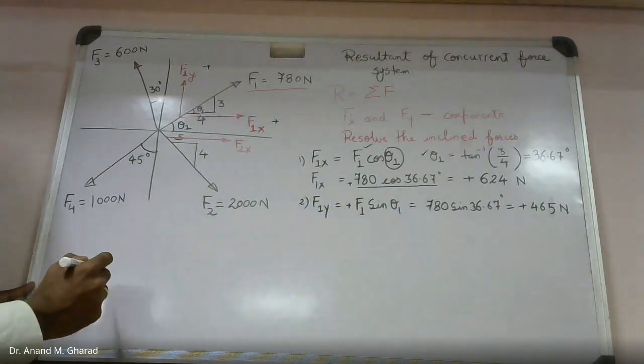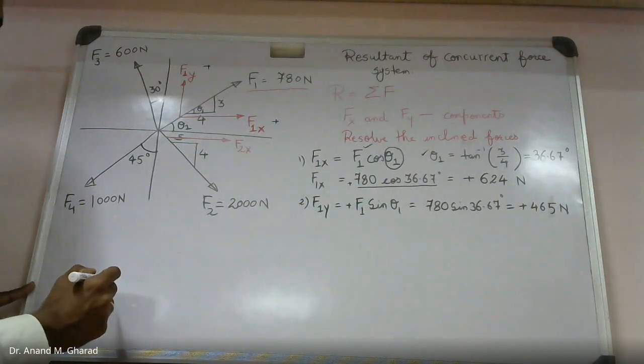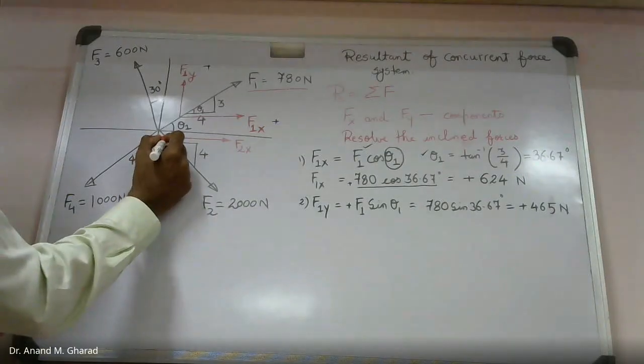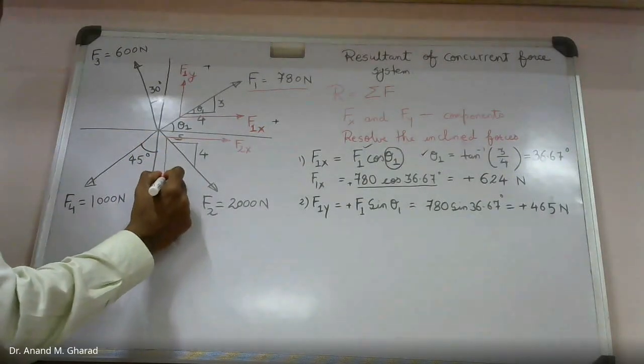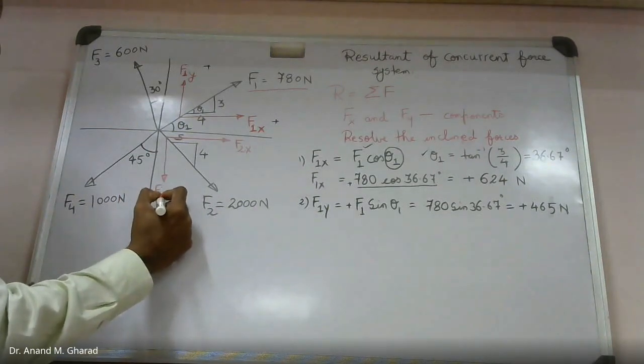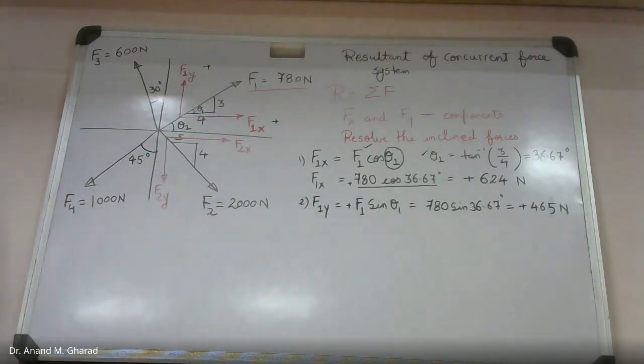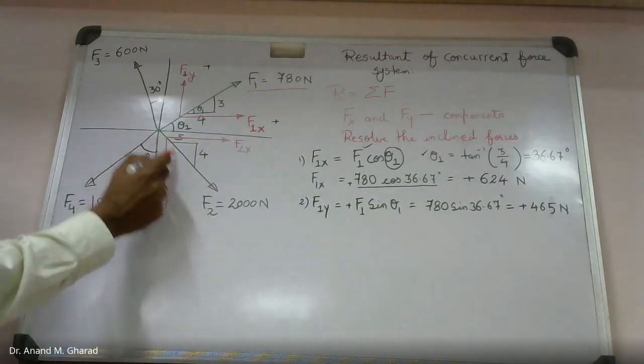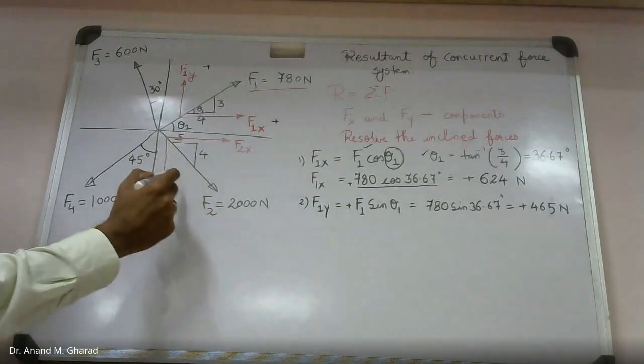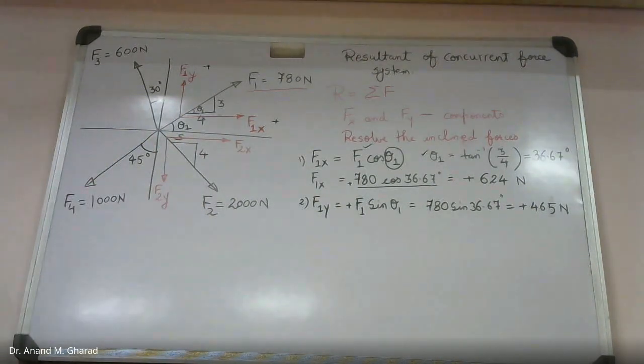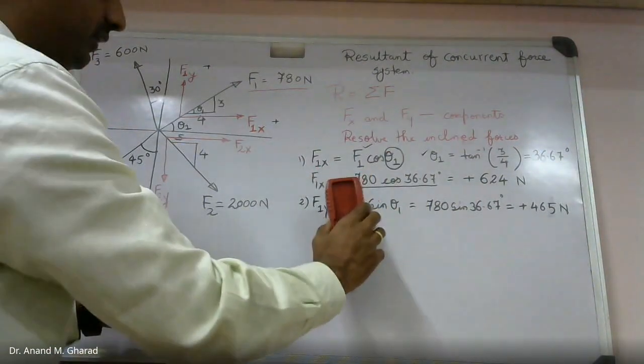And how will be the direction of F2y? Downwards. Great. So this will be downward F2y. You can see there is a consistency in the arrows also. Right? Now, I will rub this. Okay.